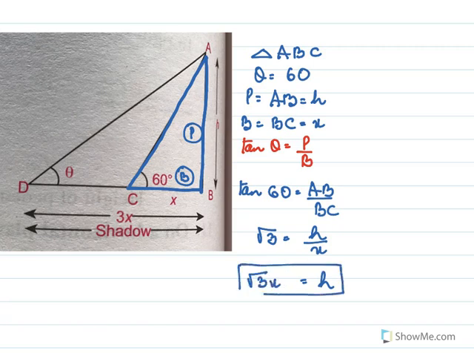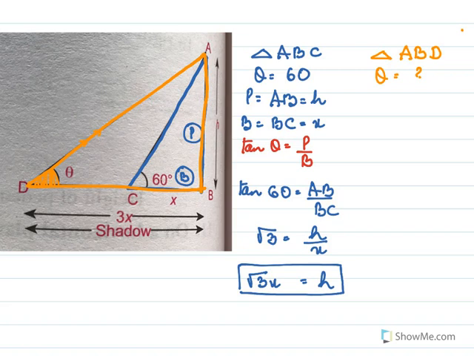This is important. Now I go to the other triangle, and that triangle is ABD. The theta we don't know, it's a question mark. This is the angle of elevation of the sun.